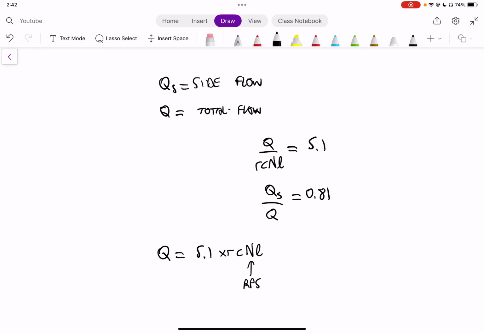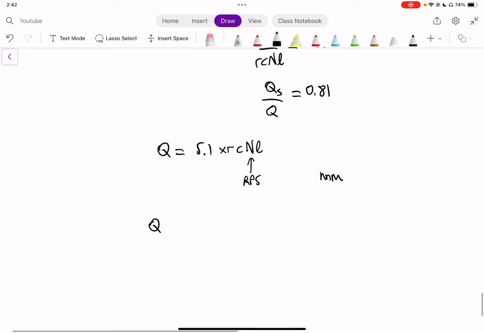If the other three are in millimeters and you multiply them together, Q is going to be equal to 219, in this case, millimeters cubed per second. If you leave the three units in millimeters, then you have millimeters cubed per second. If not, you would have meters cubed per second, but it would be a very small number, so it's better to use millimeters cubed. And then QS is going to be equal to 177, or 81% of 219, which is 177 millimeters cubed per second. Okay, and that concludes our problem.